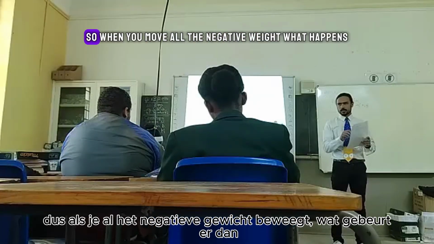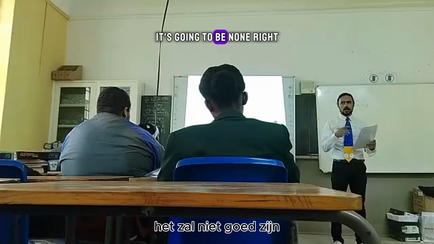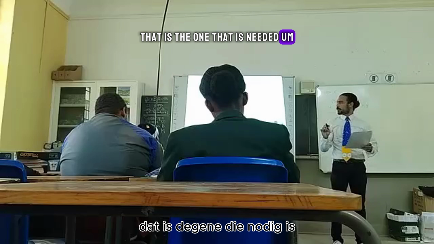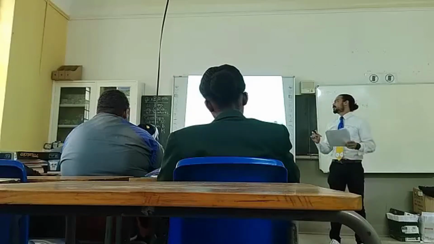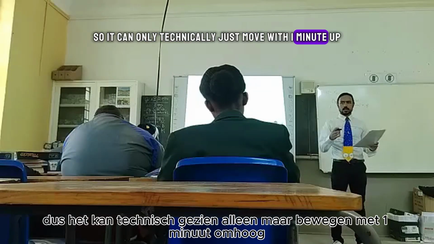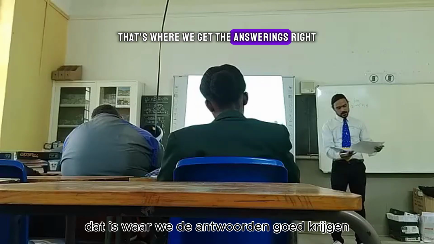It is negative 8. So if we move more than negative 8, what happens? It's going to be non-negative, right? That is the one restriction, and then it also needs to not move too far, and that's where we get the answer.